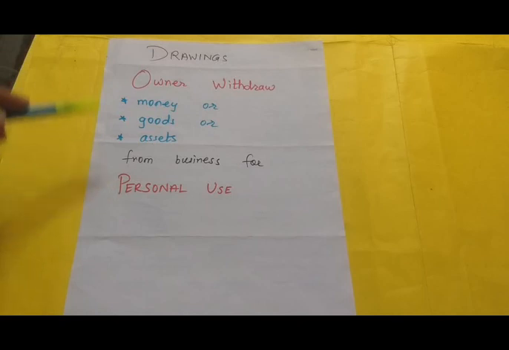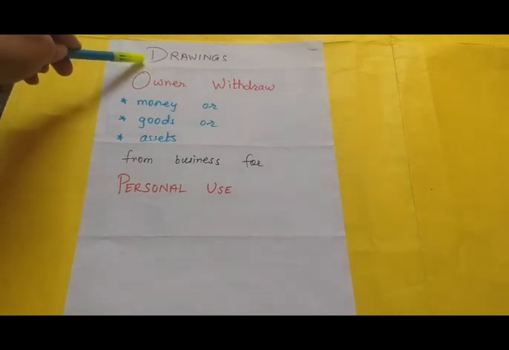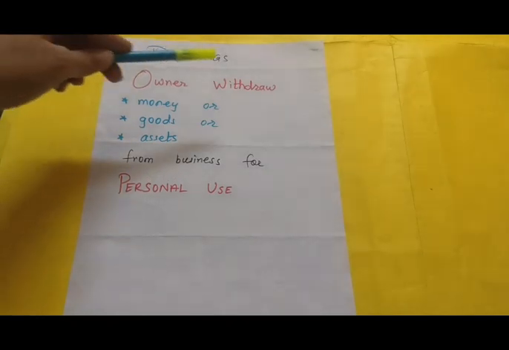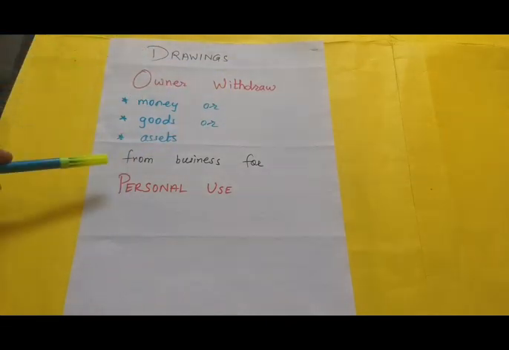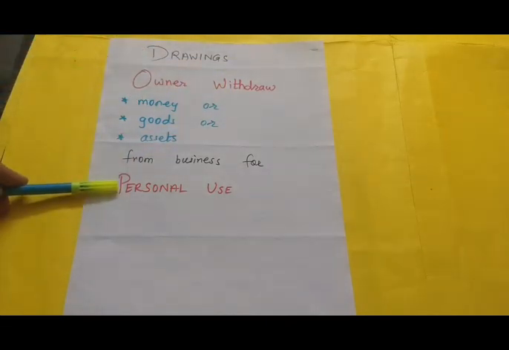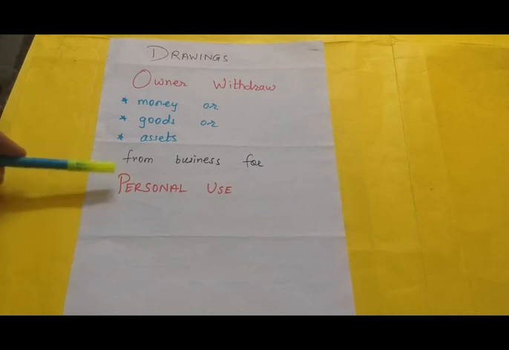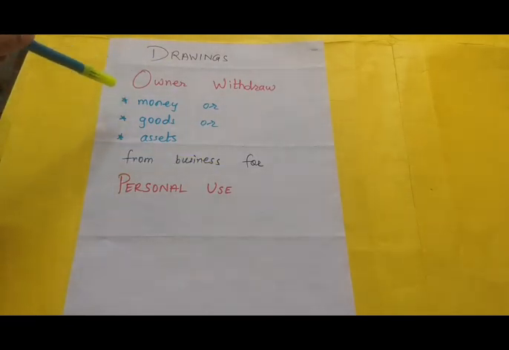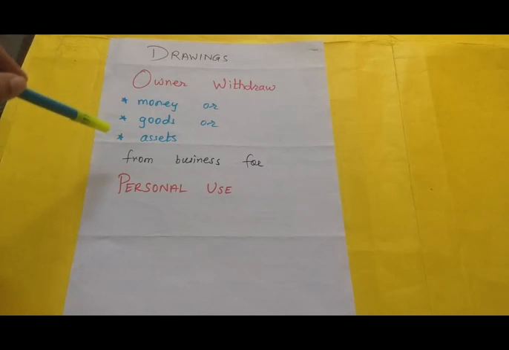Then only it is considered as drawings. A few points are very important, which I have written in red color. Personal, private, household purpose, all these come under the head of personal use. So when the owner withdraws money, goods or assets from his business for personal use, it is called drawings.